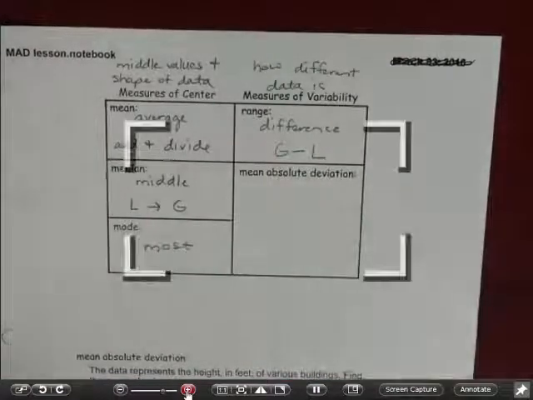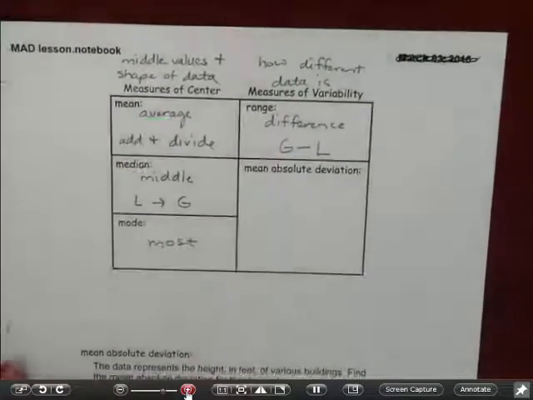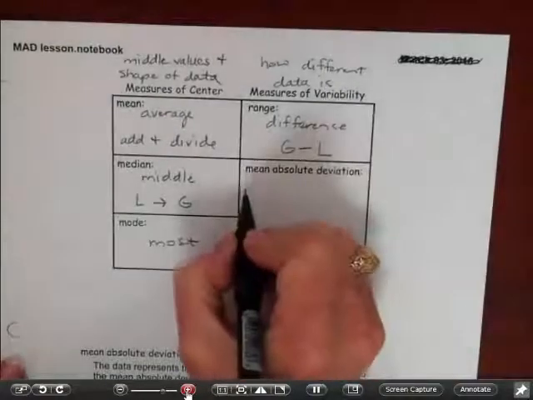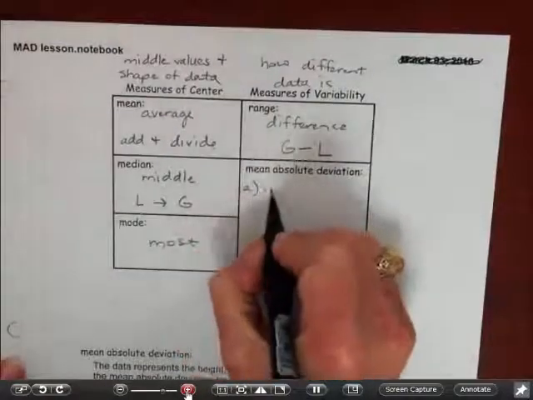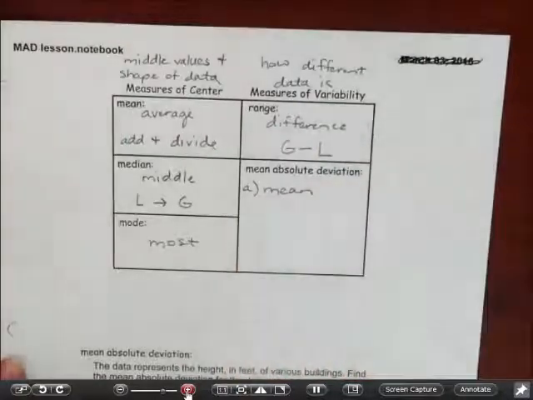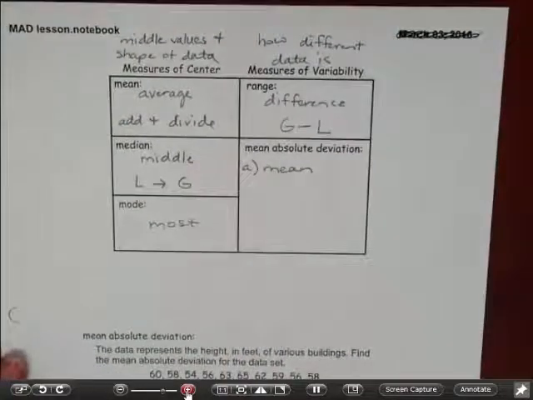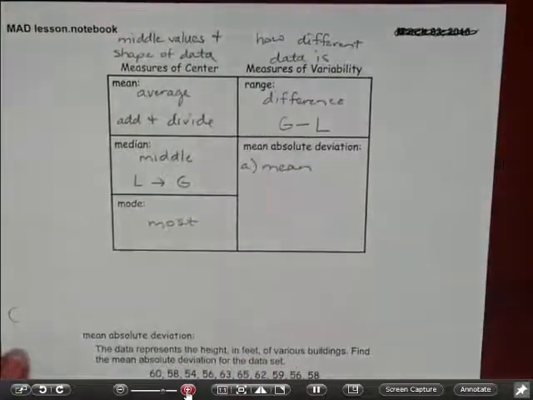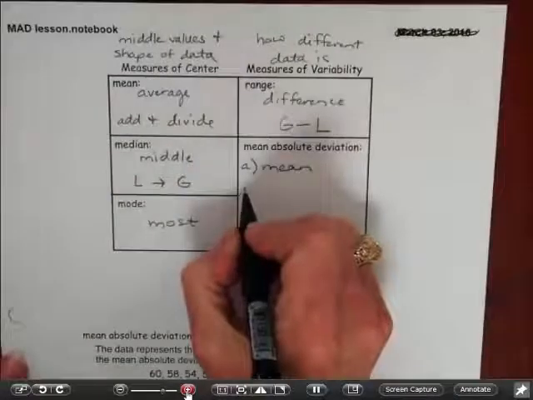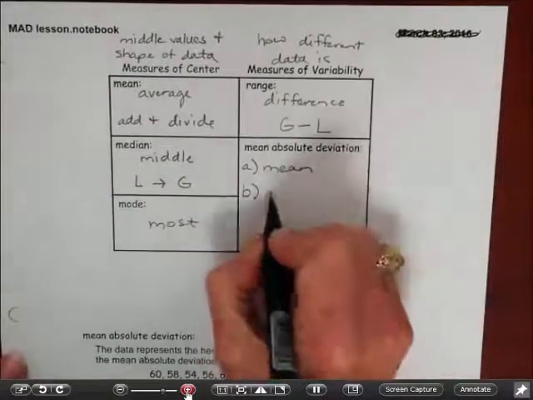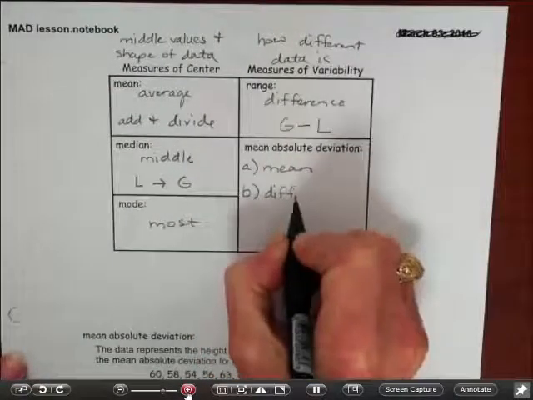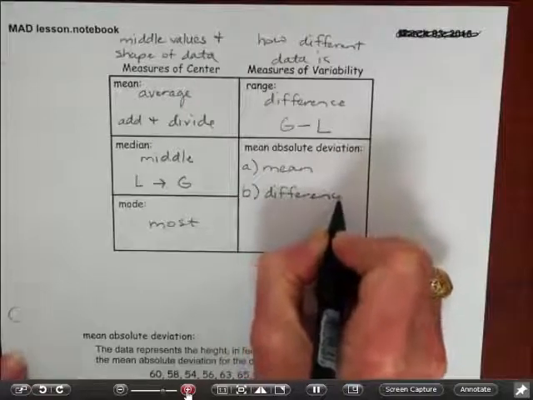Now, mean absolute deviation. We're going to write down there's 3 steps. The first step is to find the mean of your data. What did we say the mean was? Okay, the average. So we're just taking all of our numbers, we're going to add them up and divide by how many there are. That's step 1. Step 2, we'll talk about as we get to it, you're going to find a difference.